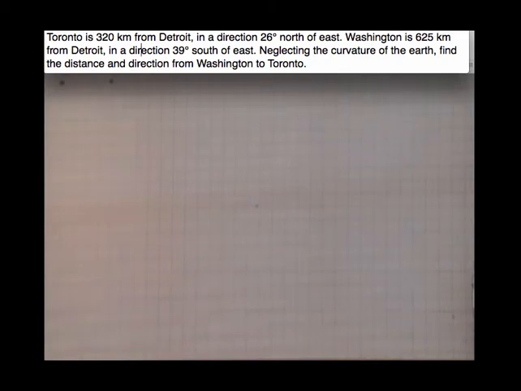Okay, so using the information given in the problem, I'm going to translate those words into a picture. And here's the picture I want to draw. I'm going to draw a set of coordinate axes, and I'll label them y and x.